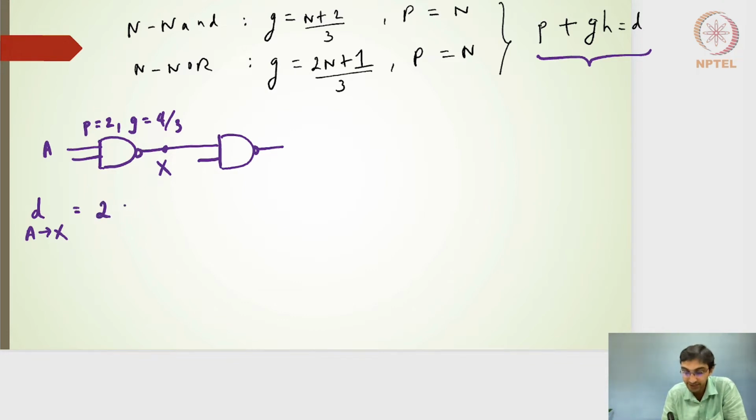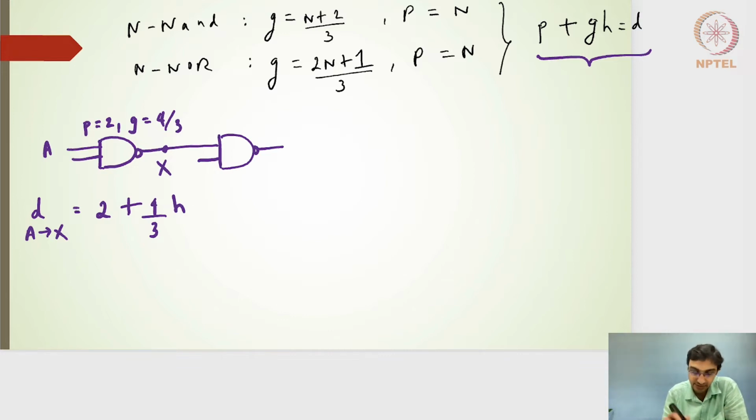G, the logical effort of this first stage 2-input NAND gate, is 4/3. And then H, again a normalized value. So what should be H here?